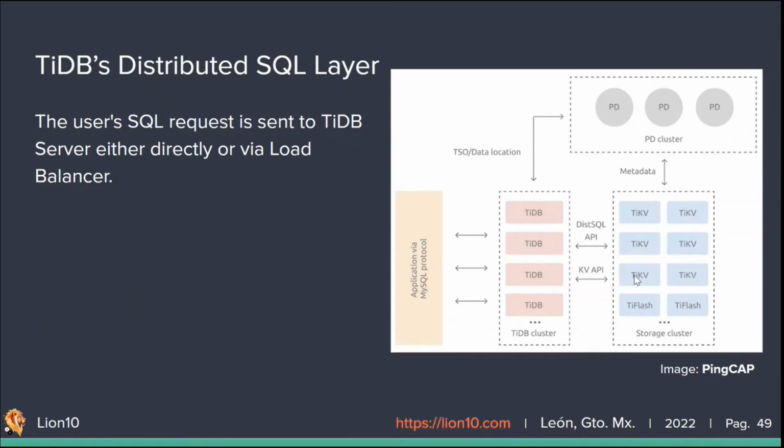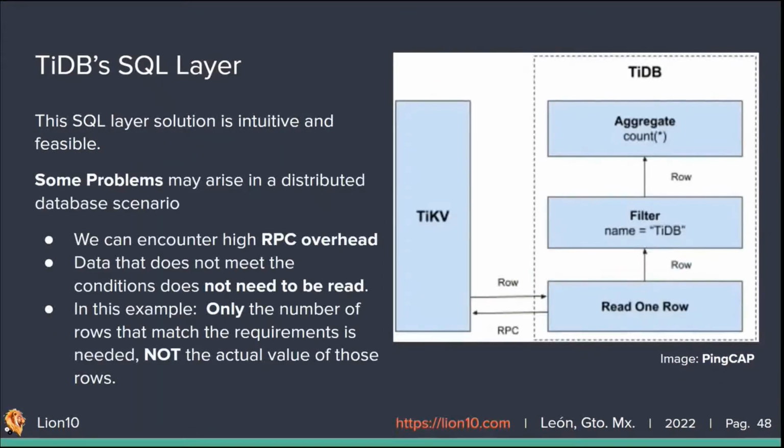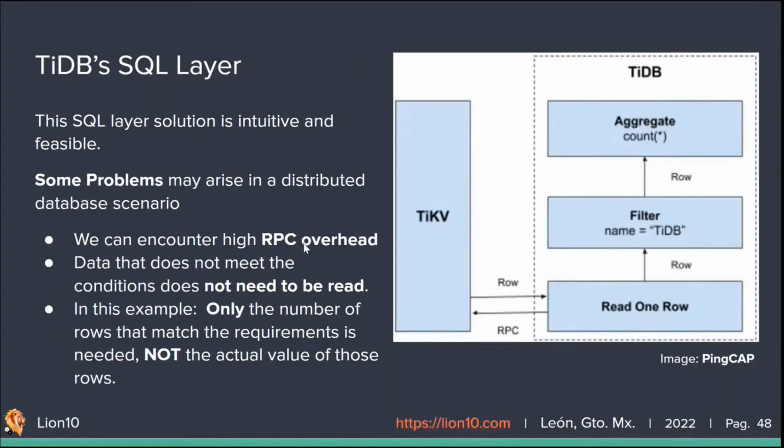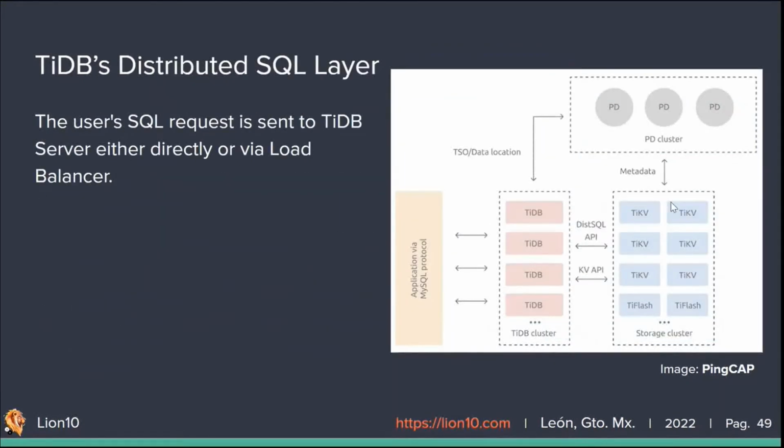Then any aggregation function, for example the count function right here, can also be pushed down to the storage nodes and not computed up here, for obvious network reasons, right? That we mentioned earlier, the RPC overhead. So we ideally want to perform all of these operations down at this level and not so much up here.